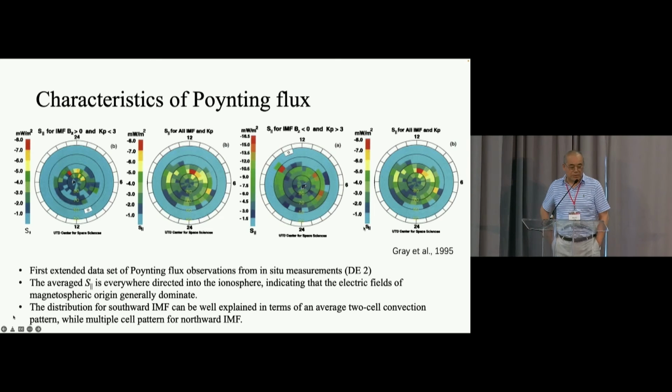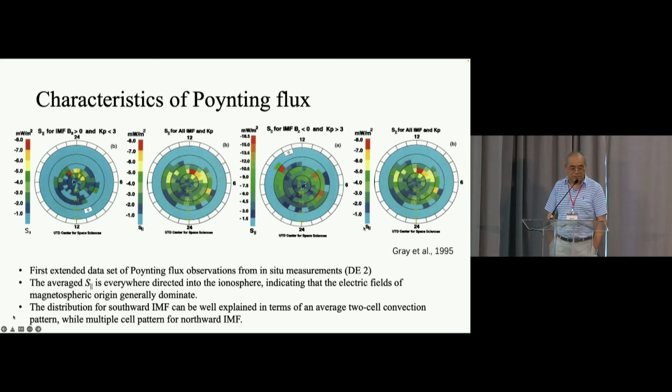This is the previous statistical study of the Poynting flux, which shows how it changes with IMF Bz. When Bz is greater than 0, the Poynting flux is small, and it's a kind of four-cell, multi-cell convection pattern.